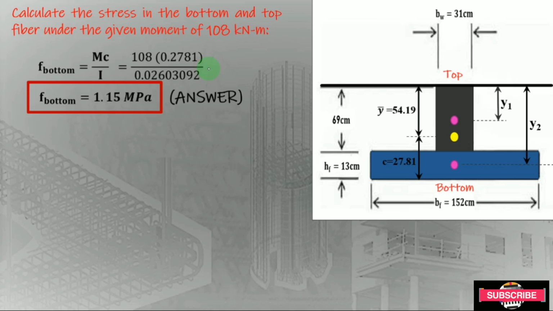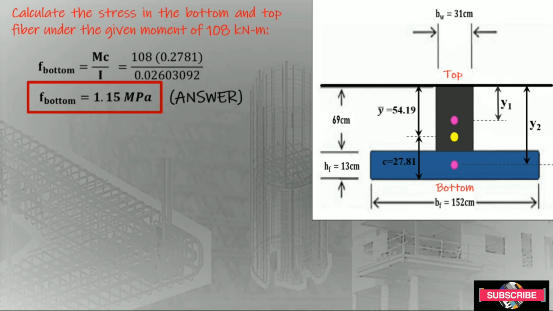We have to convert this into megapascal, so you divide the result by 1000 to make it megapascal. So the result is 1.15 megapascal for the bending stress at the bottom part of this inverted beam.